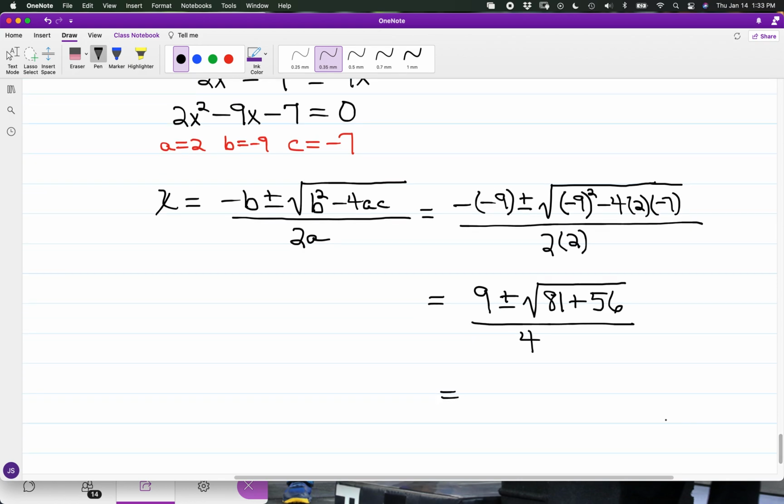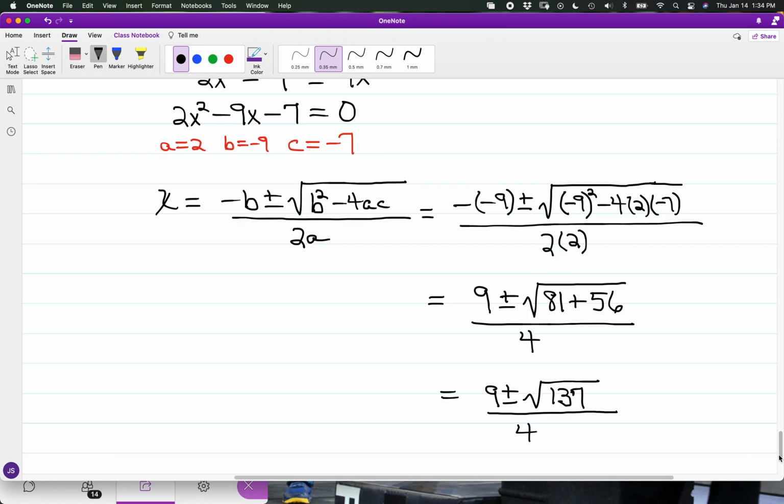And this time around, we have 9 plus or minus the square root of 137. Now 137 is going to be a rather high prime number. So 137 as a radical is not a perfect square number, and it is also a radical term that we cannot reduce.